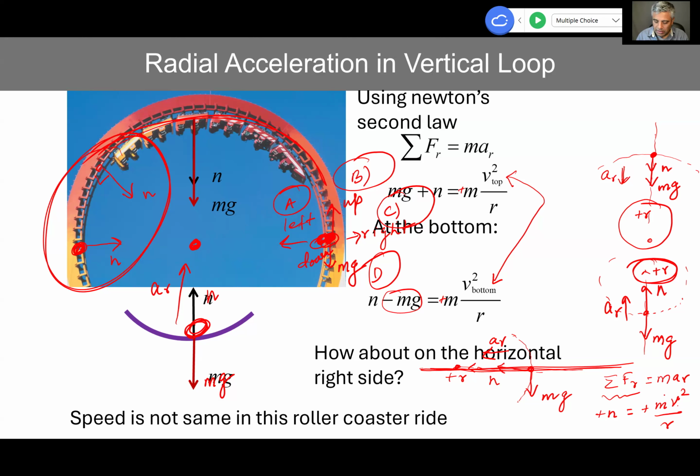But here, this is on the side, so let's put subscript s, or you can write side if you like. Okay, so that's how we write the equation, or that's how we use Newton's law when something is moving in a vertical circle at different points.